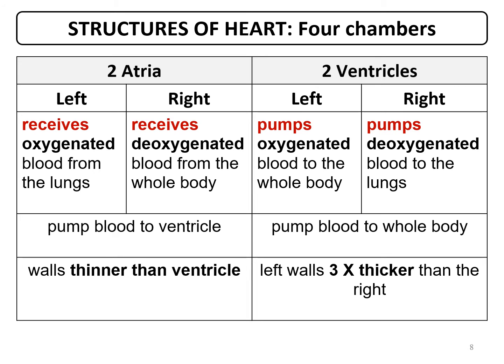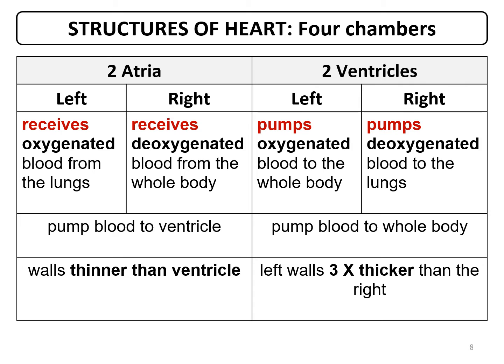The upper part of our heart is called atrium, or atria in plural. So we have left and right atria, and then the lower chambers are the ventricles. We have left ventricle and right ventricle. So the left atrium receives oxygenated blood from the lungs, while the right atrium will receive deoxygenated blood.